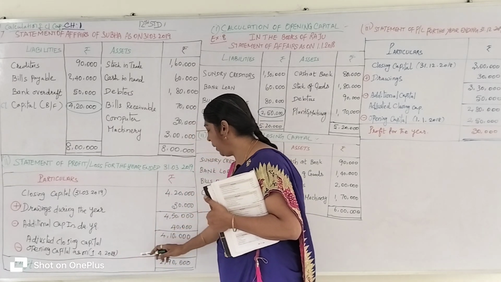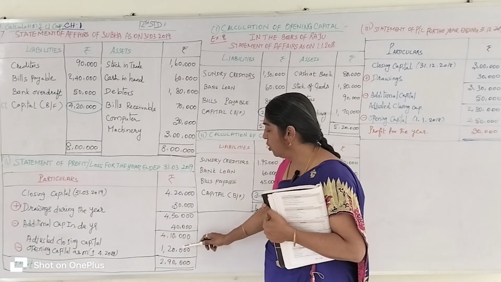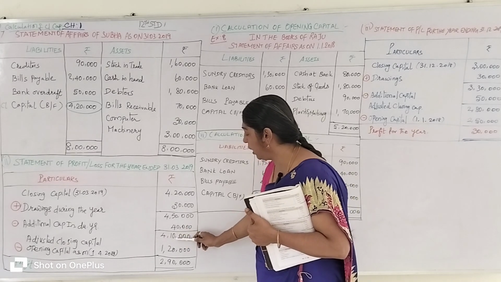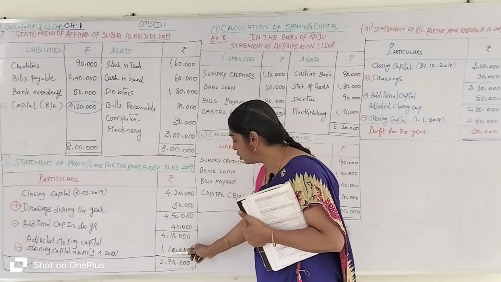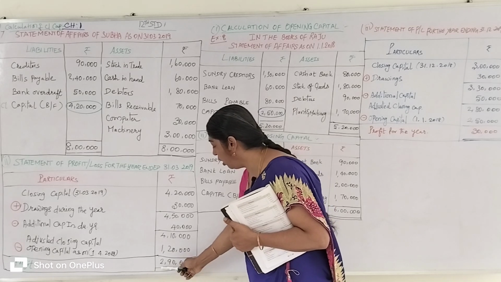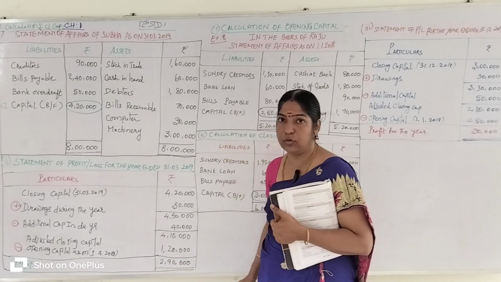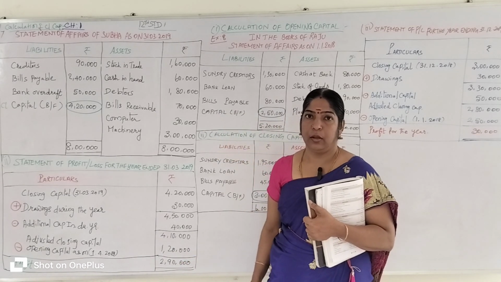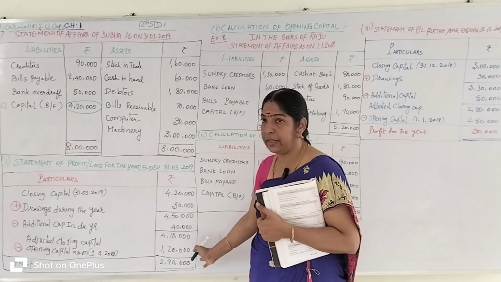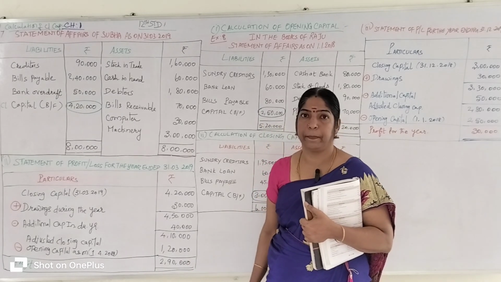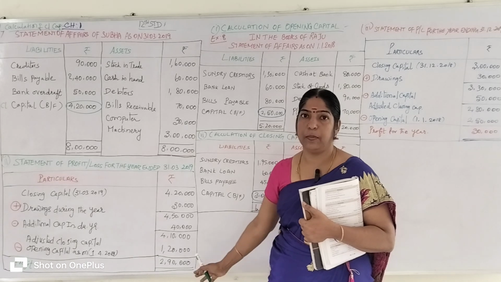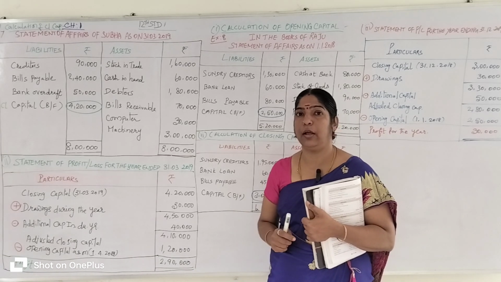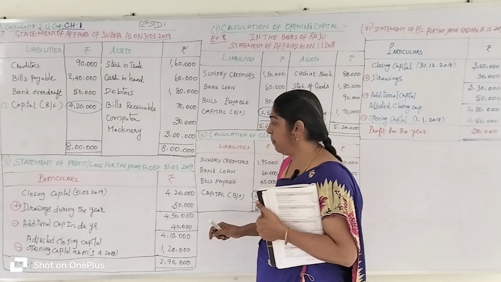So we subtract 4,10,000 rupees minus 1,20,000, and you got 2,90,000 rupees. Can you say whether it is a profit or loss? Yes, it is profit for the year. How can you find out? It is very simple.